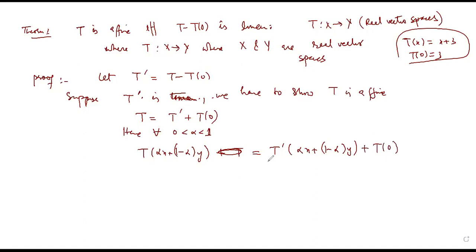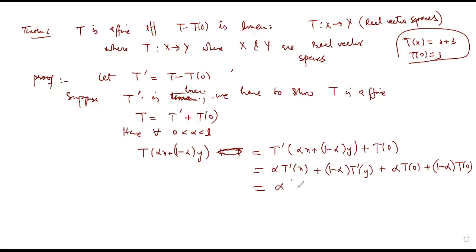Now T dash जो है वो linear मैं assume कर रहा हूँ, है ना? This is linear. तो linear का मतलब I can write it as alpha into T dash at x plus 1 minus alpha into T dash of y. By my assumption T dash is linear. So plus अगर मैं ऐसे लिखूं alpha times T of 0 plus 1 minus alpha times T of 0, because it is just a number, I am adding and subtracting the same number.